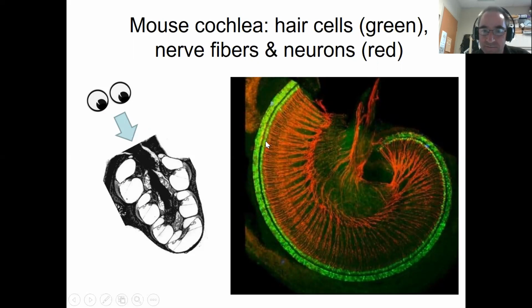And they've stained the axons, the nerve fibers, and the neuron cell bodies red. So you can see the nerve fibers here that in those original dissection drawings were stained brown, coming in. And this lumpy rope here, these are all the cell bodies of those neurons that are connected by these axons, right?